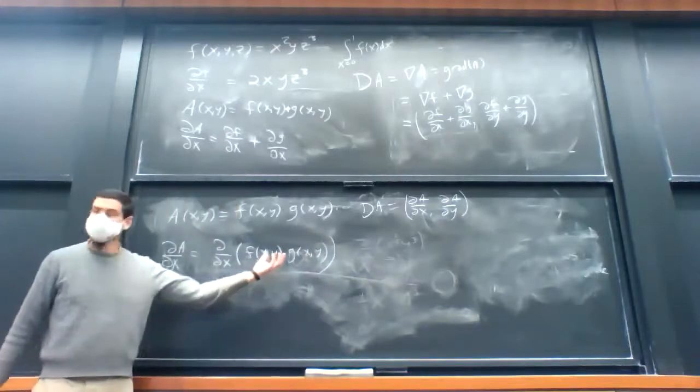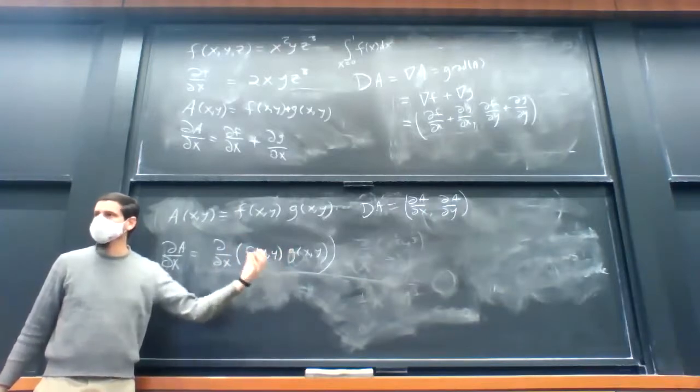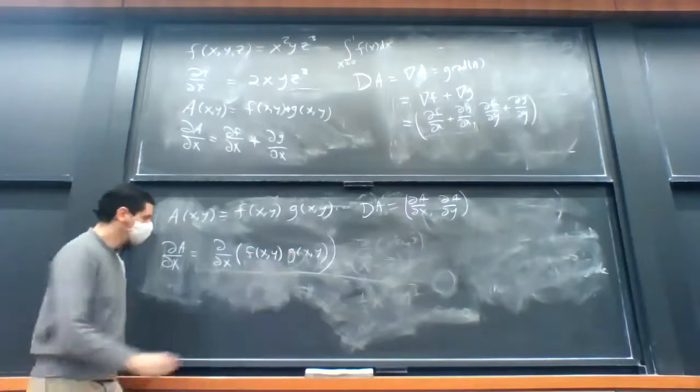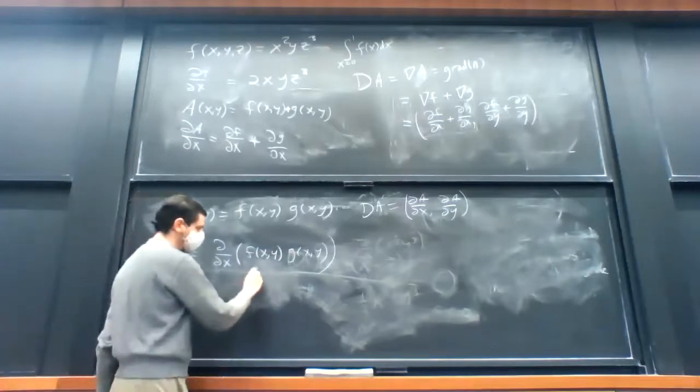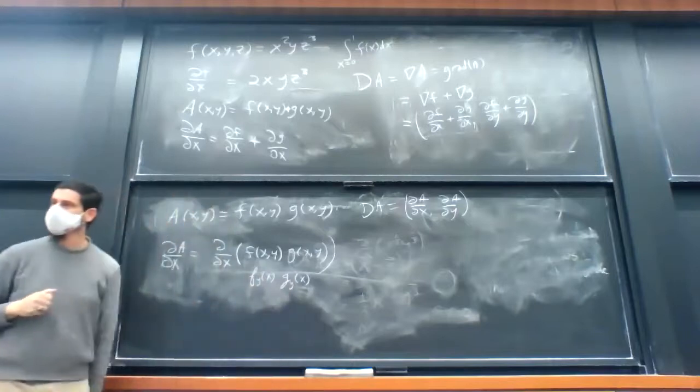But I'm viewing f and g as functions of 2 variables. y is fixed. If you want, view this as a new function, script f sub y of x, script g sub y of x. Your y is fixed.